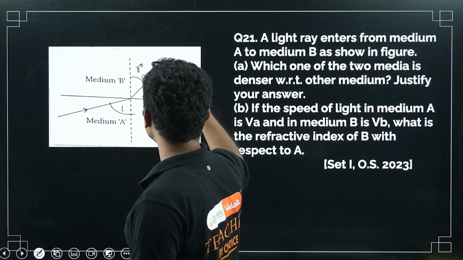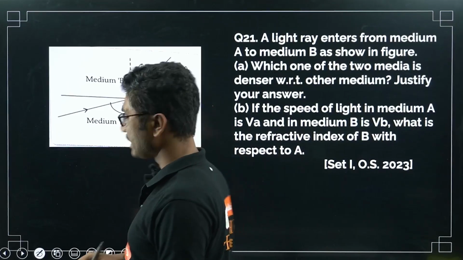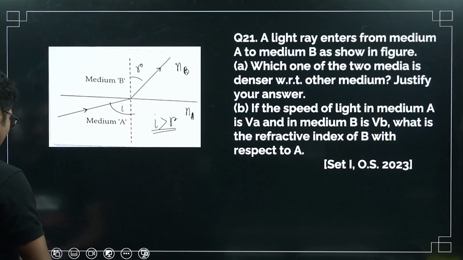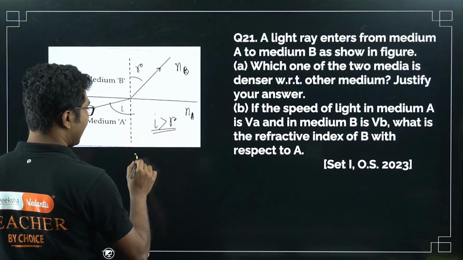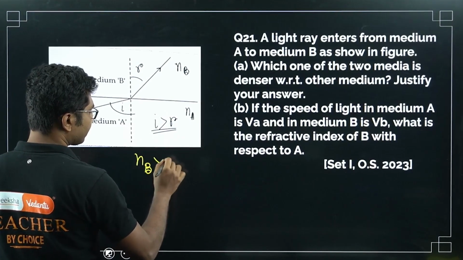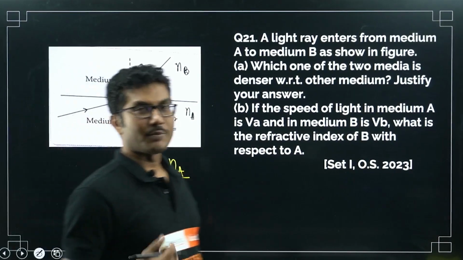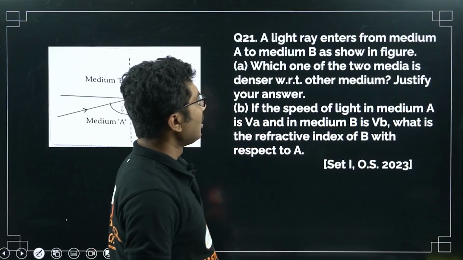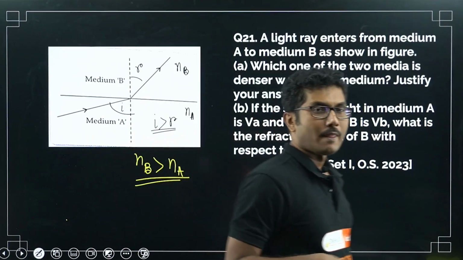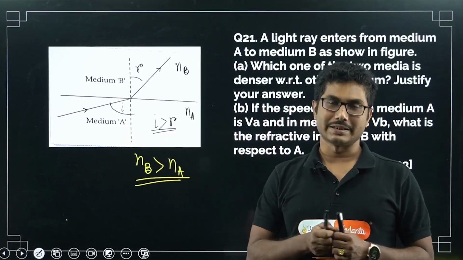So you can say, because sin I is greater than sin R, we can say that nB is greater than nA, so medium B is optically denser compared to medium A. Remember that if a medium is optically denser, the angle will be less.